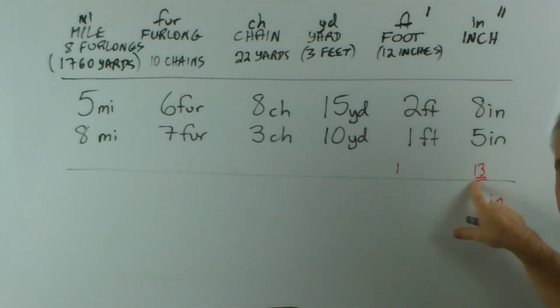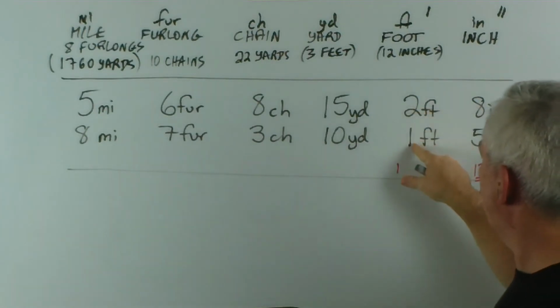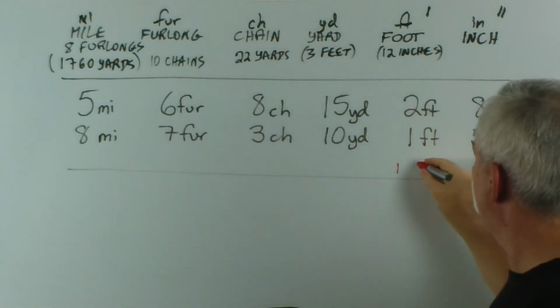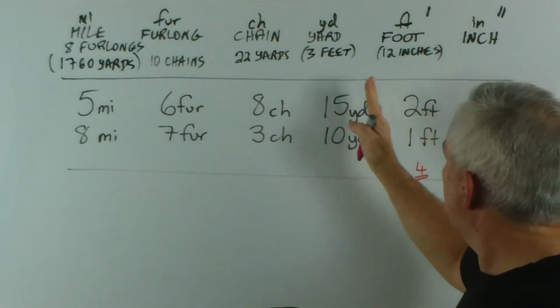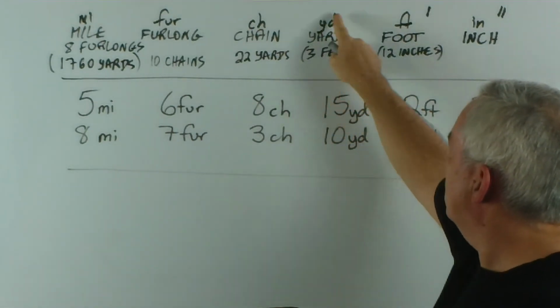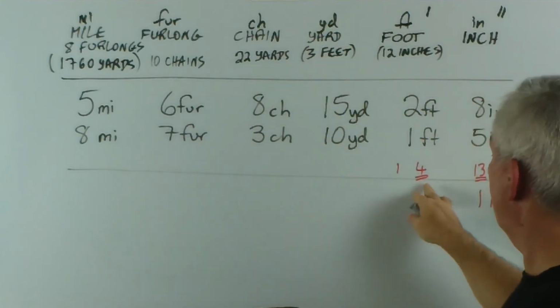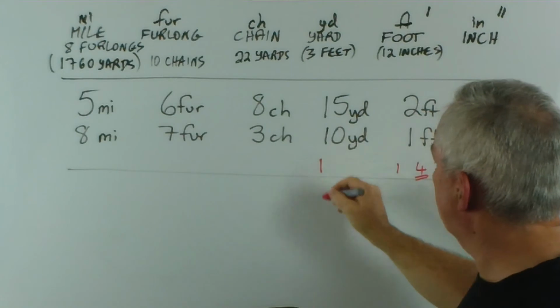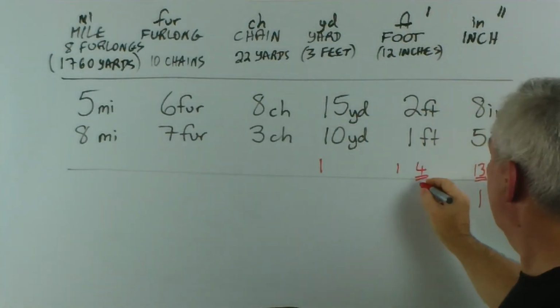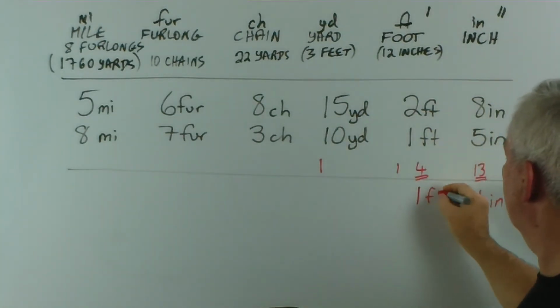That's it. 12 plus 1 makes 13. Now here we have 2, 3, 4 feet. But our next unit is based on 3 feet, making a yard. Here we have 4, so we take 3 of those and put it down as 1 yard, and all that remains is 1 foot.